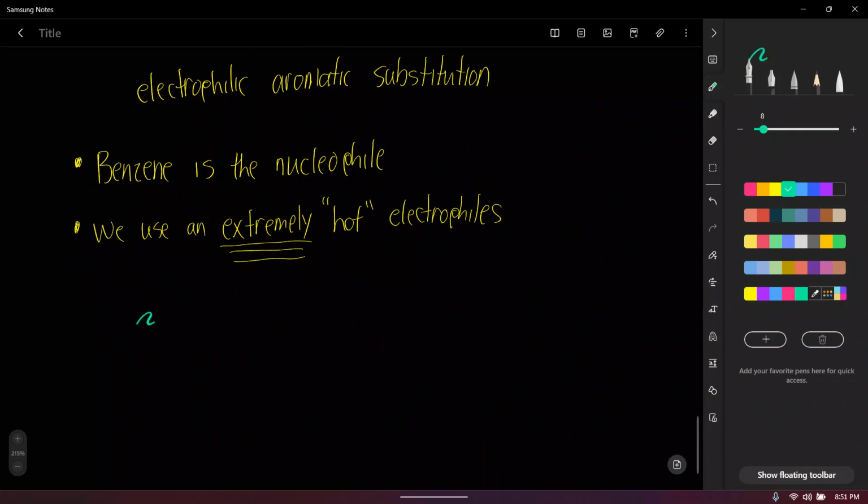And it turns out that the way to do this, almost always, is we use these things called Lewis acids.